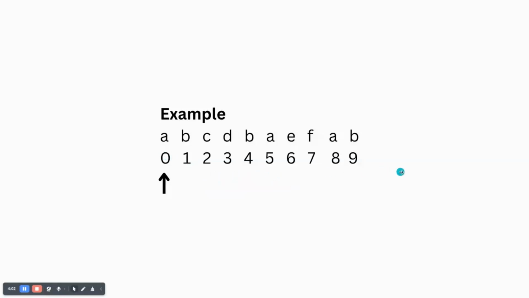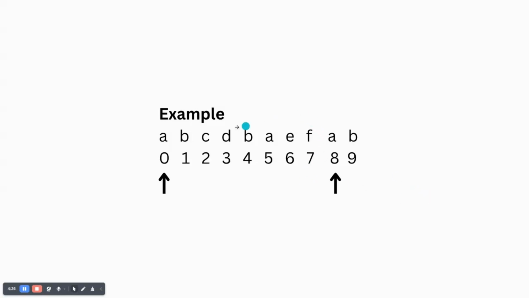It's obvious that at most we have to include all the A's inside the interval. That's going to include up to 8 because the last occurrence of A is at position 8. We can say this is the special substring we have for now.